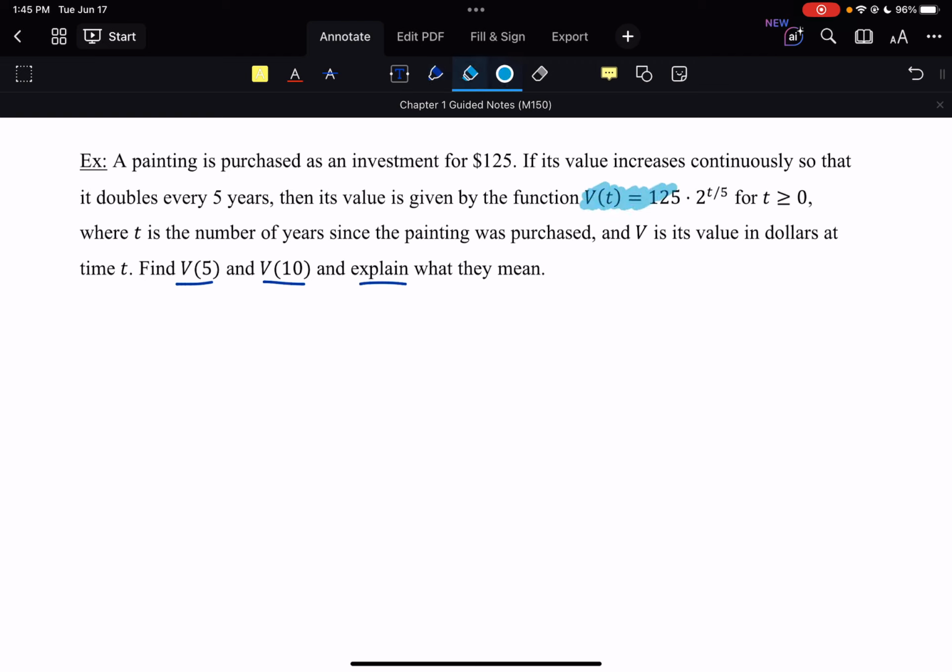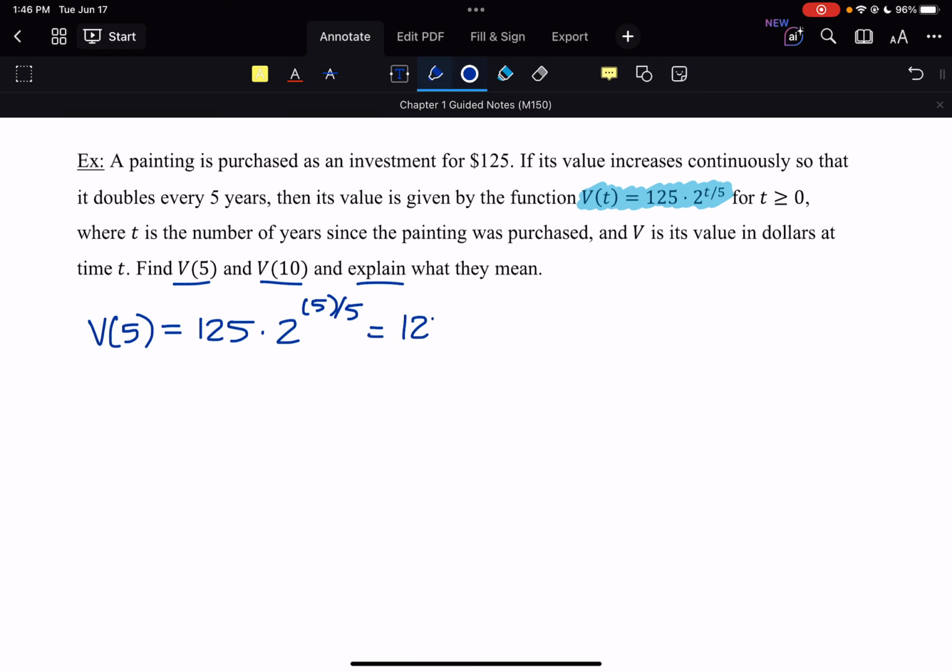So we're going to use our formula here. So v of 5, that's 125 times 2 to the 5 over 5. That's 125 times 2 to the first, so just times 2. 125 times 2 is 250.